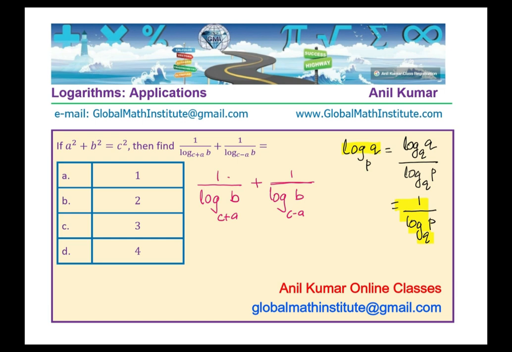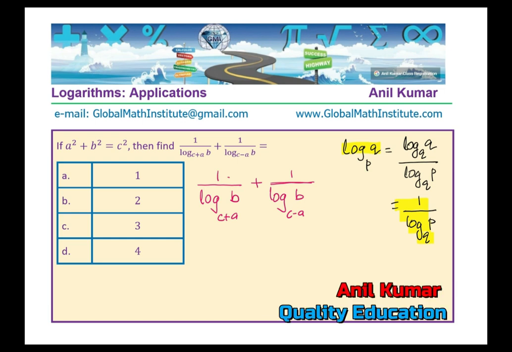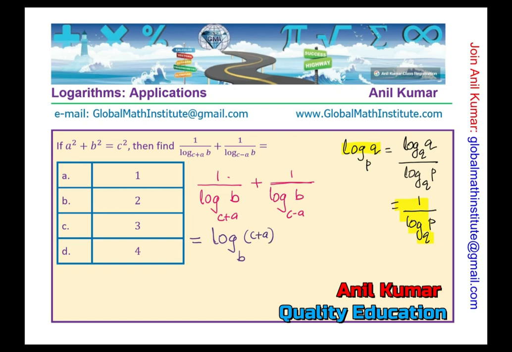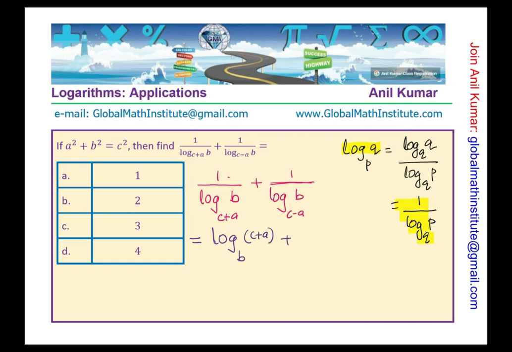Perfect. So I hope you have understood this particular identity. And now it's very simple. As I was saying, you could actually rewrite this as log to the base b of c plus a plus log to the base b of c minus a.